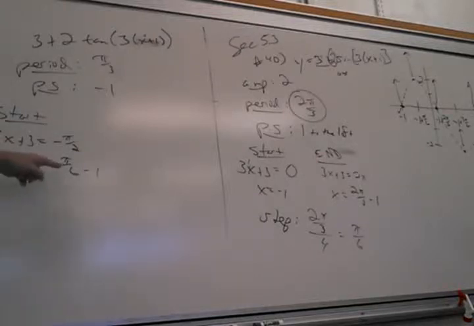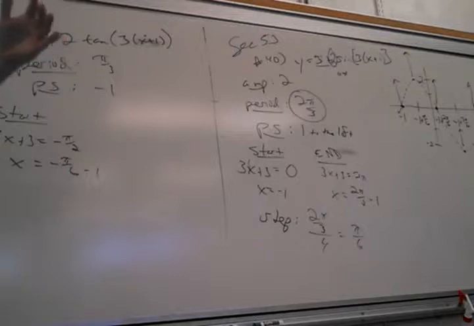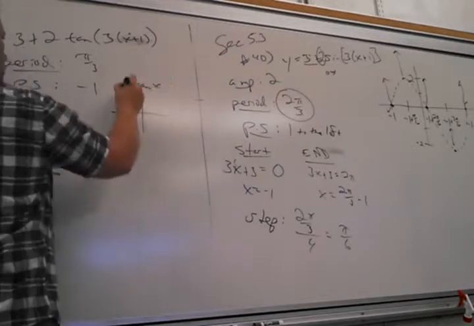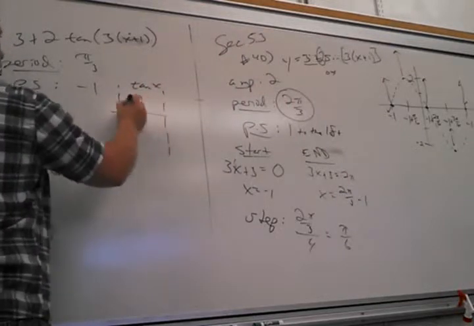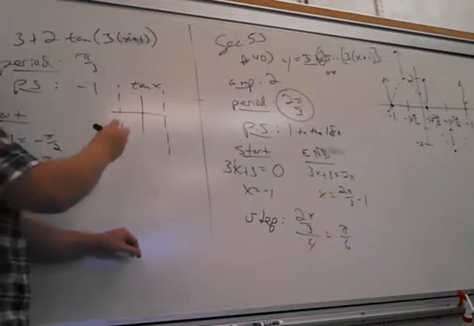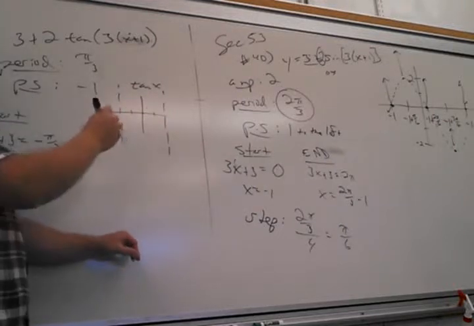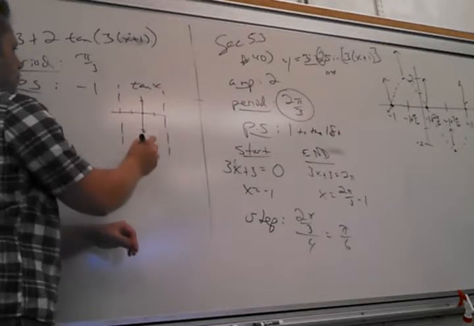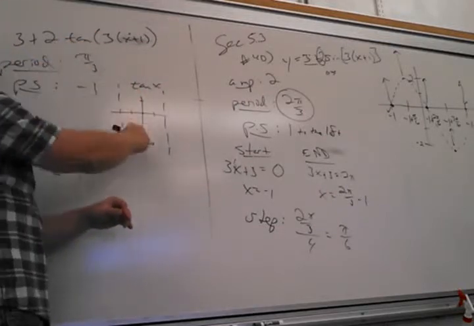Draw an asymptote there. And then where will its quarter points be? Divide by 4, because again, tangent normally goes from negative π/2 to π/2. So it's got those, and the most important point is 0. And then these points are semi-important. They normally go negative 1, 1, but now, like I said earlier, they're going to go negative 2, 2.